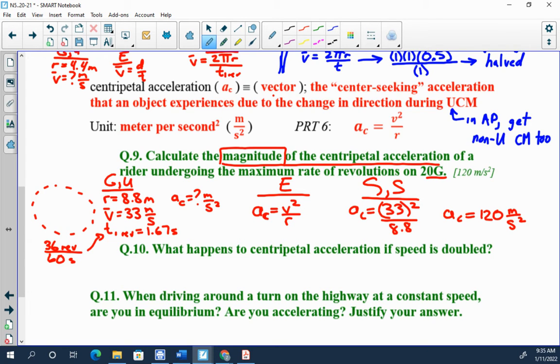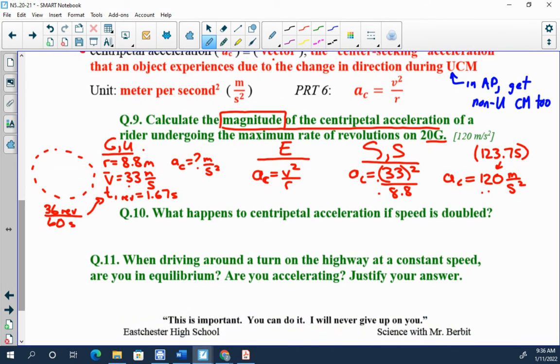So, running this in the calculator just for a moment, 33 squared divided by 8.8. My calculator says 123.75. 120 is actually the correct answer because this is a 2 sig fig problem. So with 2 sig figs, as we entered over here, you want a 2 sig fig answer, we're good to go. 120 is actually the 2 sig fig answer.